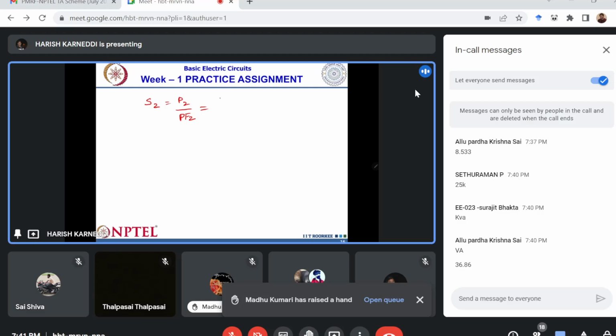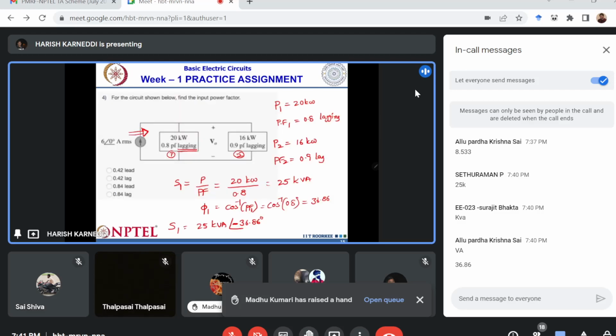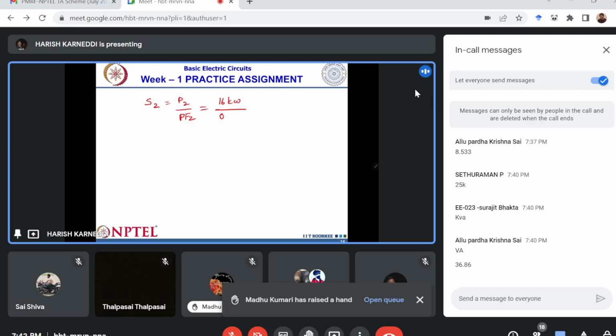Here P2 equal to 16 kilowatt and power factor 2 equal to 0.9. 16 by 0.9 is 17.77 kVA. Here the active power is already in kilowatts, so we are representing apparent power also in kilo, like kilovolt ampere.